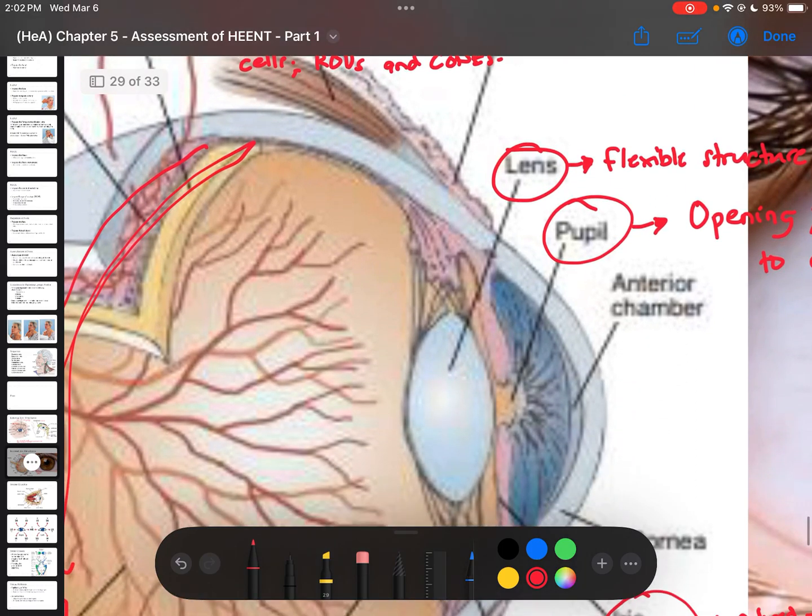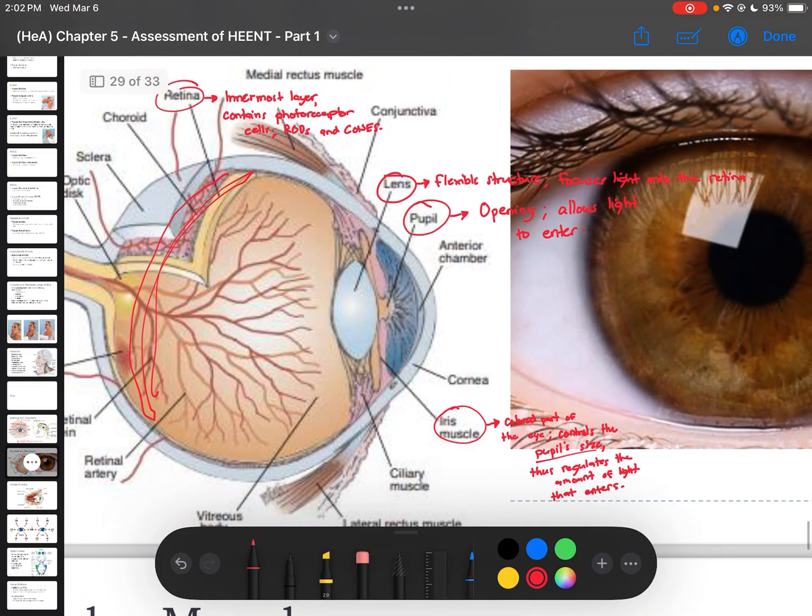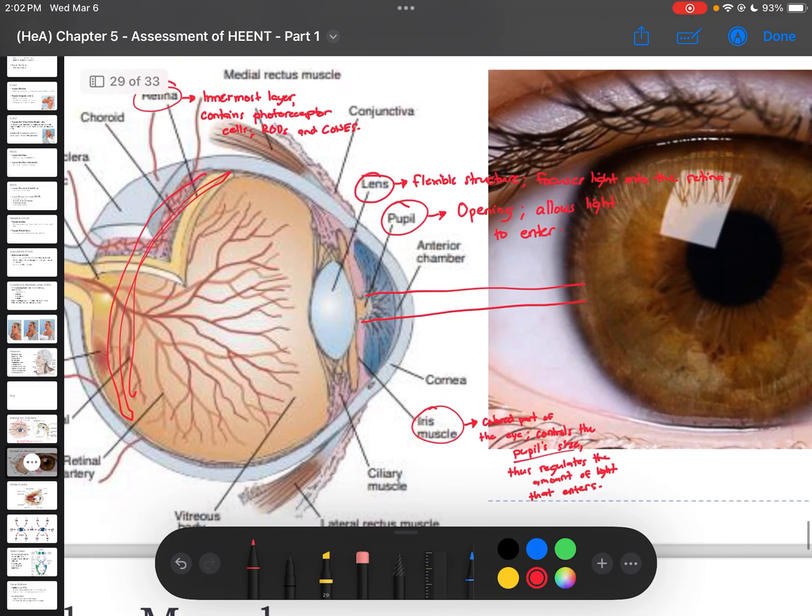Now, it works like this. Let's say, for example, class, the amount of light entering the eye through the pupil is very small.